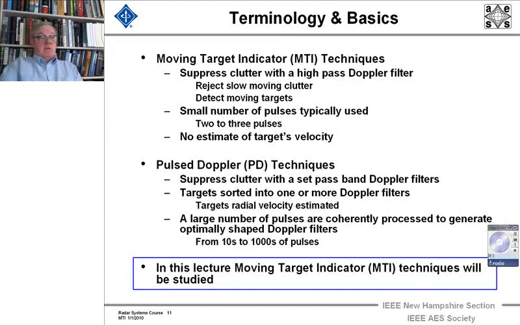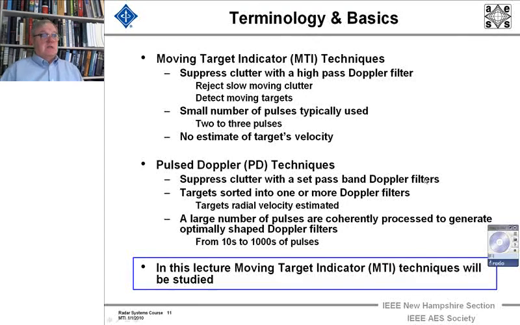And that idea of building up big suppression, and then a little passband, and then big suppression is something that you need a lot of pulses to do. And it's going to come into play in how we design the different processors. So pulse Doppler techniques suppress clutter with a set of passband Doppler filters.